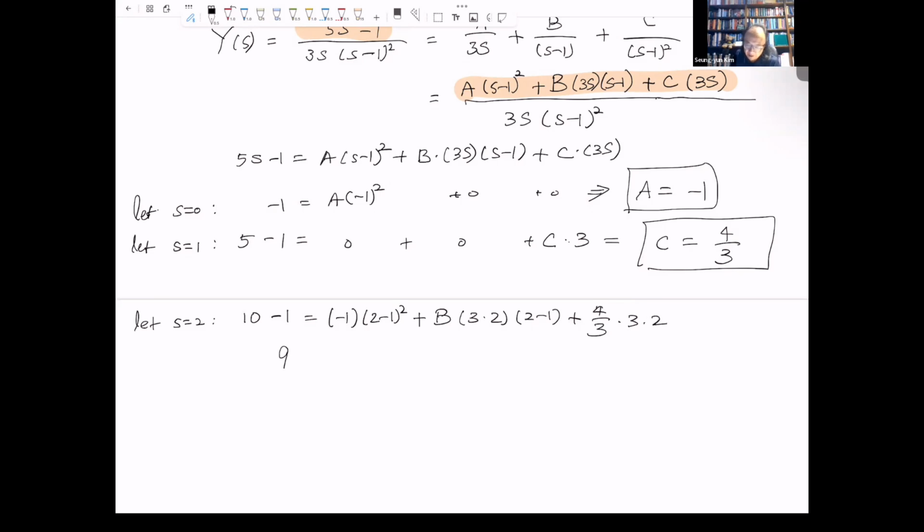Then we have a 9 on the left-hand side. We have negative 1 plus 6B plus 8. So it's a positive 7. Move it over.